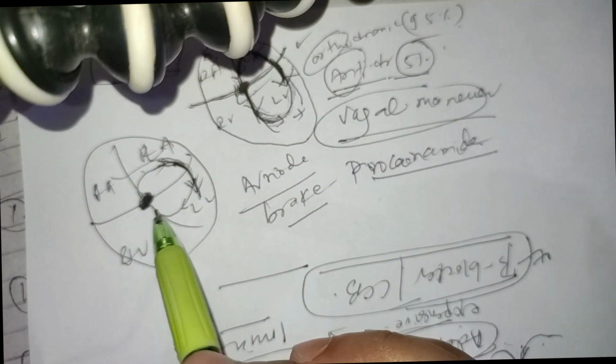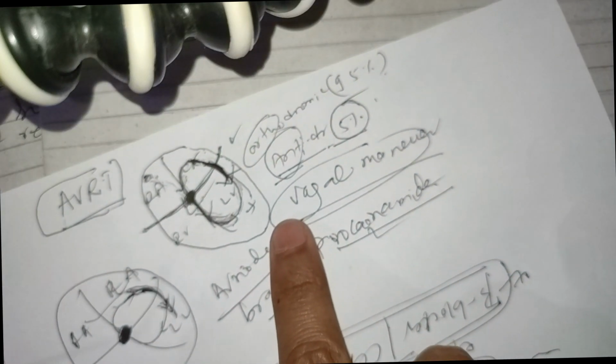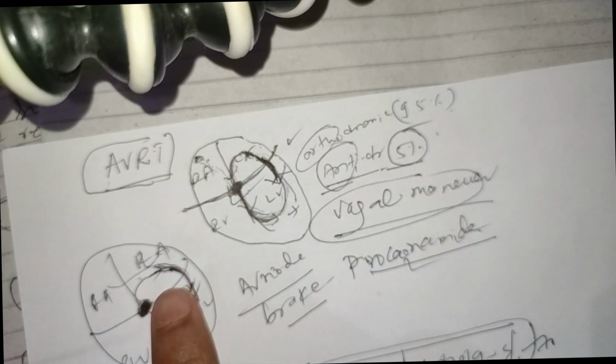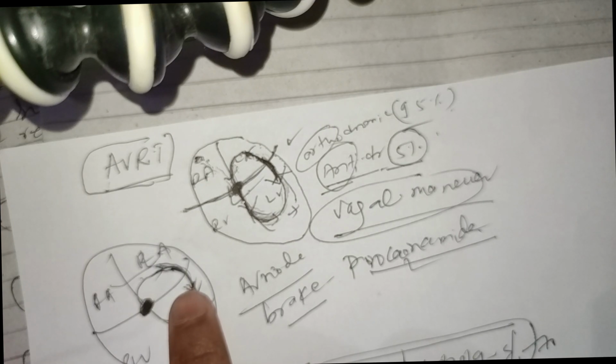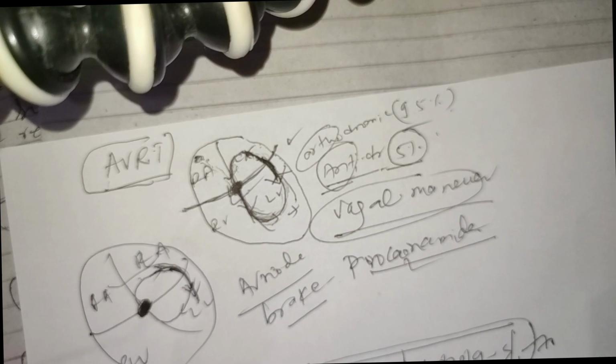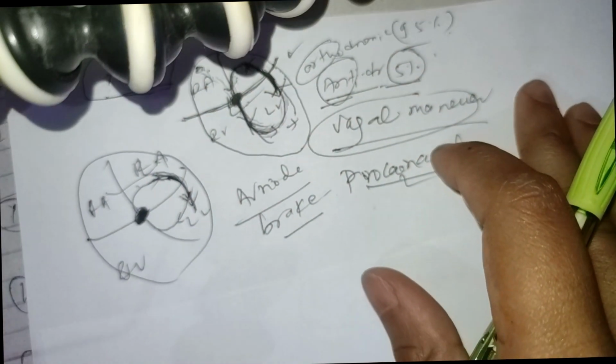But do not use beta blocker, calcium channel blockers, or vagal maneuvers. So it is important to differentiate whether this is antidromic or orthodromic conduction, because you need to decide whether to give calcium channel blocker, beta blockers, or adenosine, or whether to try vagal maneuvers, right?